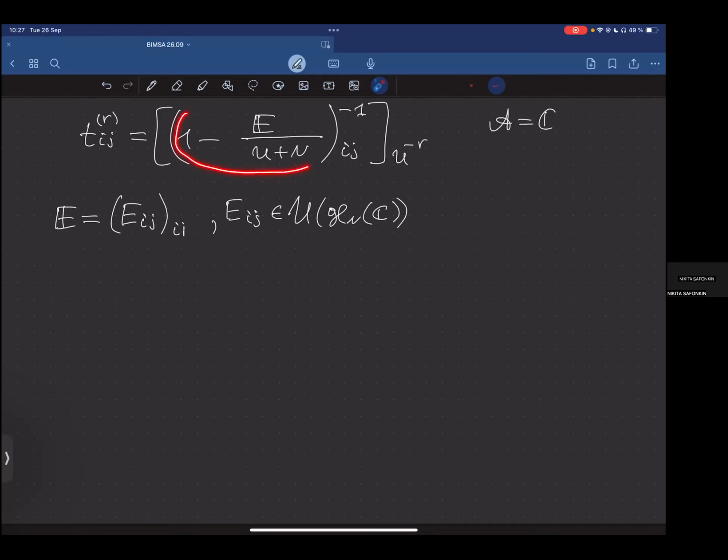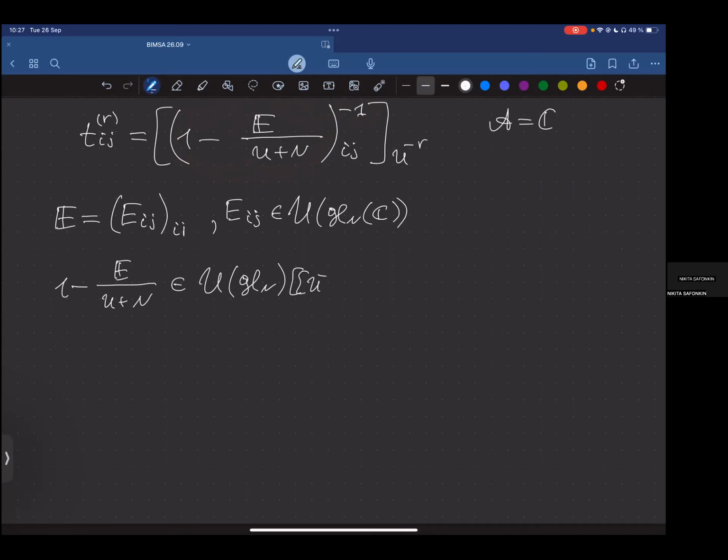After we have this, we can take its inverse, because it is a formal power series. I should have said that we consider this as a formal power series in u to the minus 1.